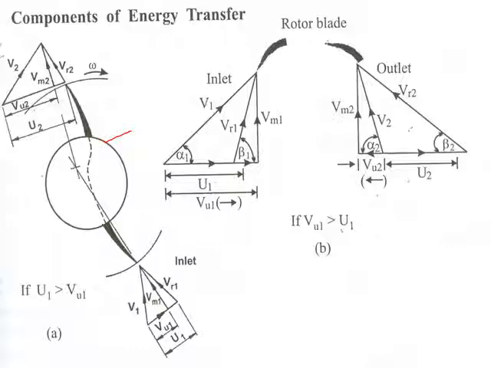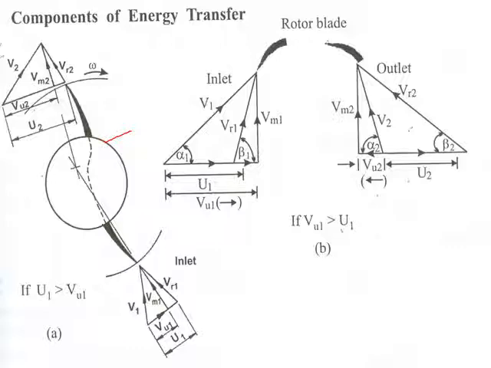Here U1 is the blade velocity. In a similar manner, this is the outlet velocity triangle. Once again, the absolute velocity at exit is resolved into three different components, axial velocity, flow velocity as well as tangential component, and U2 represents the blade velocity.